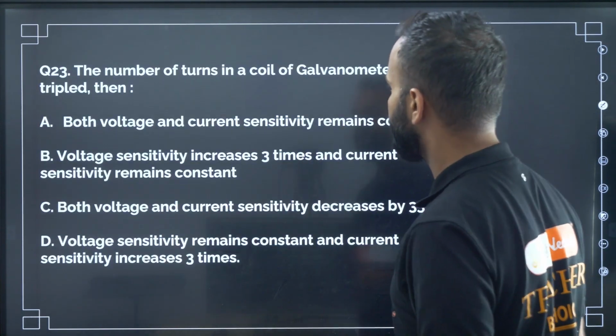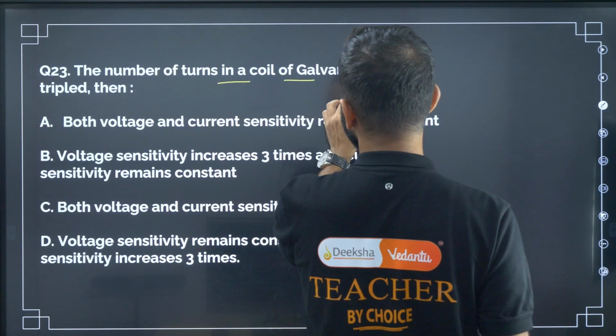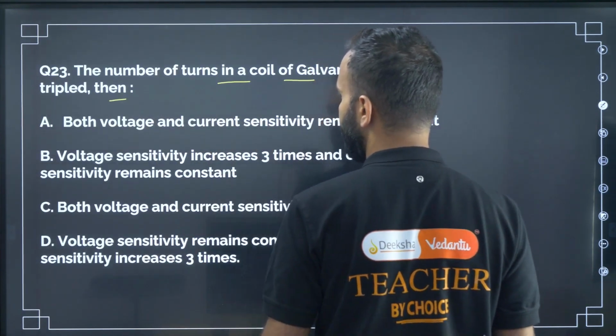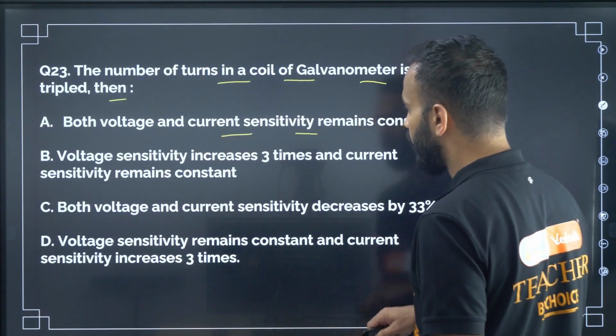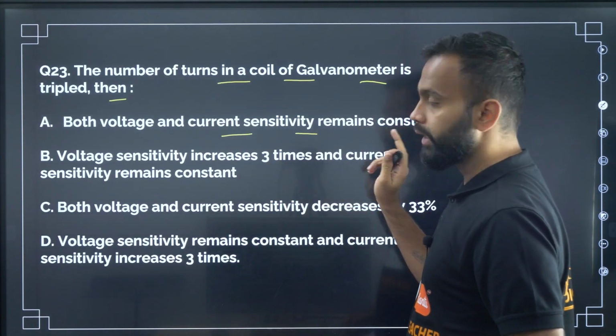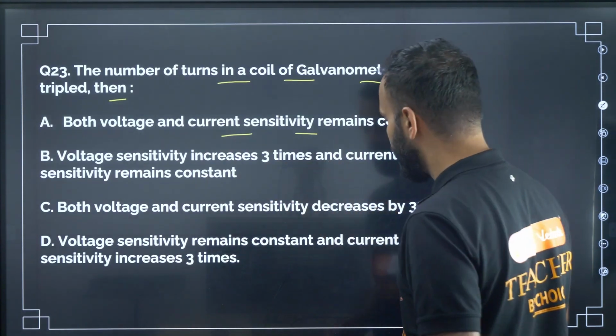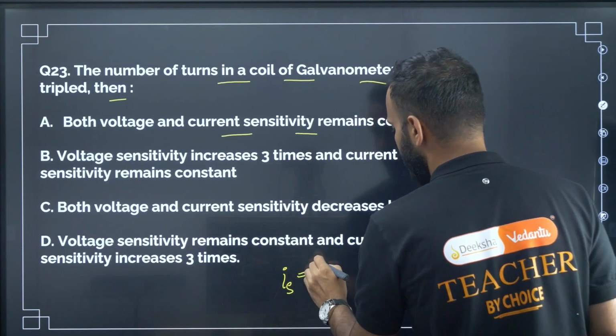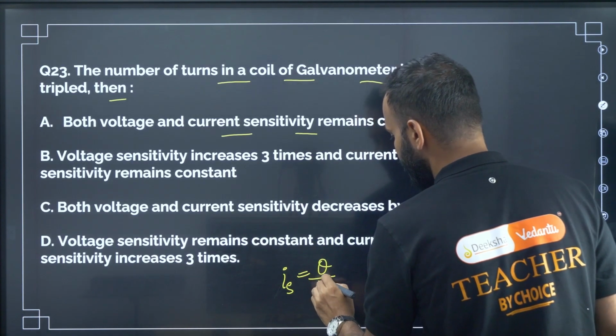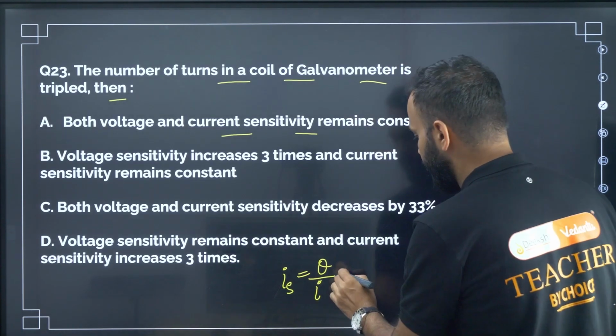Next question, question number 23. If the number of turns in a coil of a galvanometer is tripled, then both voltage sensitivity and current sensitivity remain constant. Wrong. Voltage sensitivity remains constant, current sensitivity increases 3 times, or triples. Current sensitivity is equal to theta, that is deflection, divided by current I in the galvanometer.